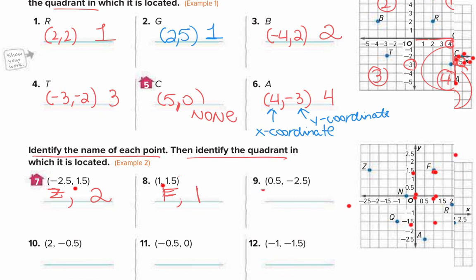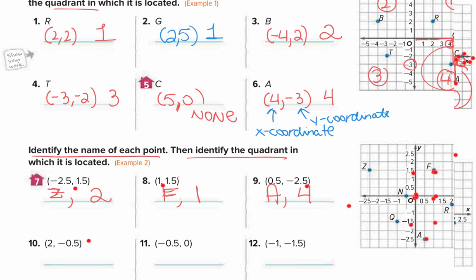Number 9, we have to go right 0.5 because it's positive, and then down -2.5. So we go right until 0.5, and then down until we get to -2.5. So that takes us to point A, and that is in quadrant 4. Then we have (2, -0.5).